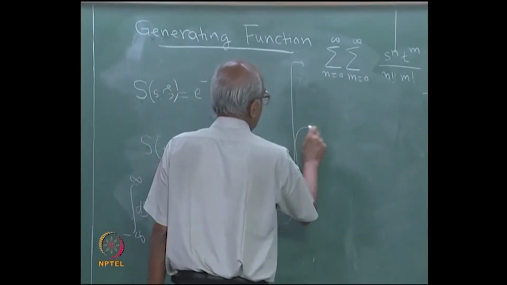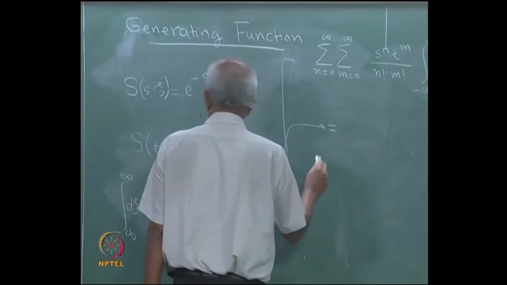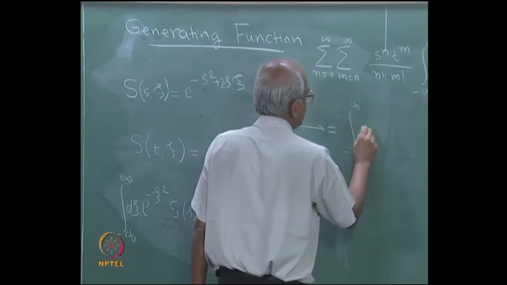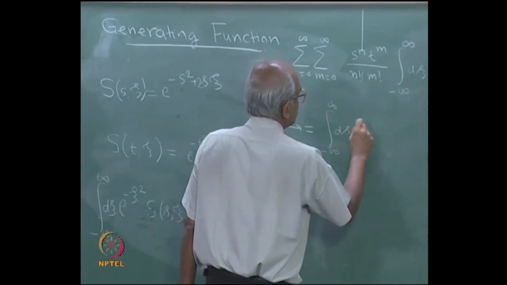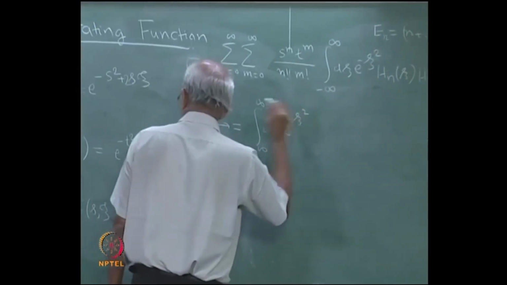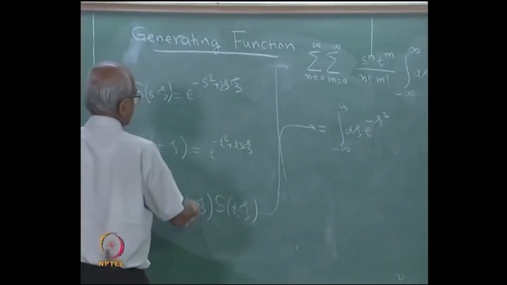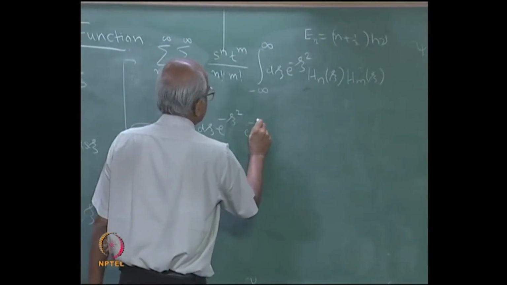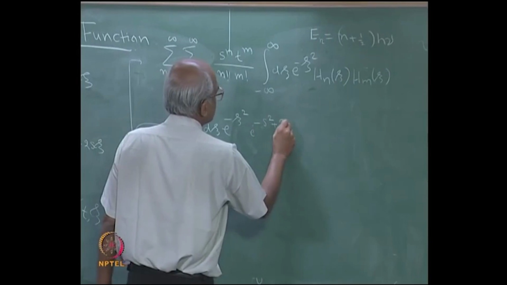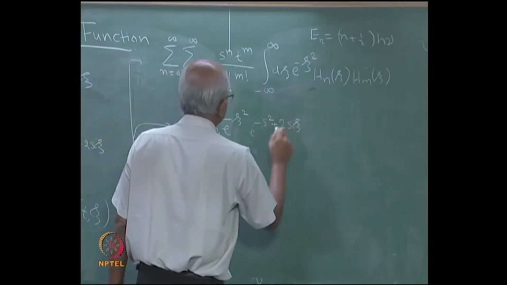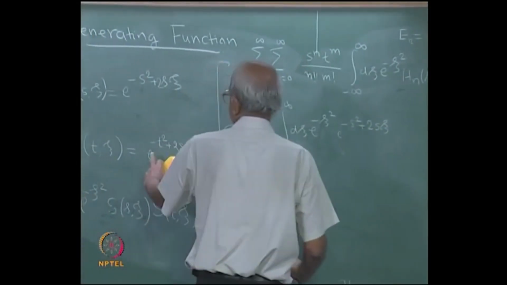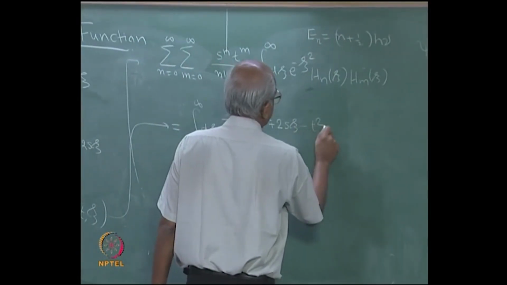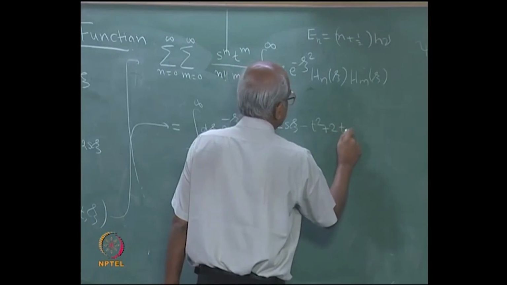So, this integral is equal to the integral from minus infinity to plus infinity dx e to the power of minus c square, as is written here, e to the power of minus s square plus 2sc, and the second function also is written there, that is actually minus t square plus 2tc.